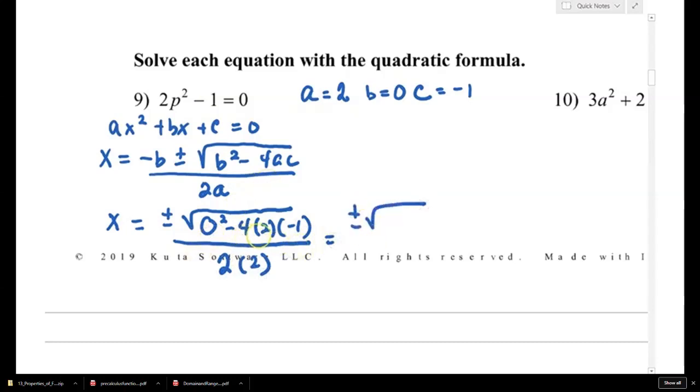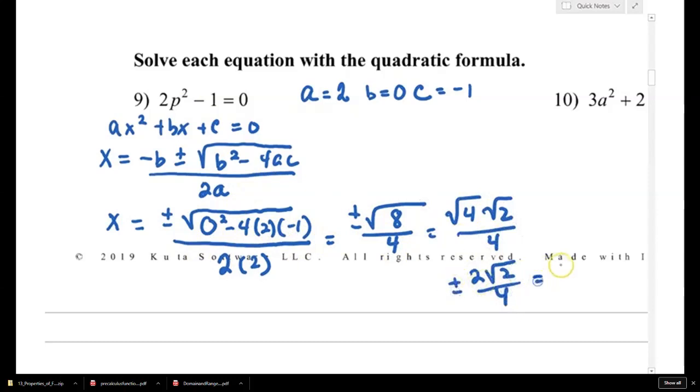Negative 4 times 2 is negative 8. Negative 8 times negative 1 is 8, over 4. We know that the square root of 8 is the same thing as the square root of 4 times the square root of 2, divided by 4. So you have 2 times the square root of 2 over 4. That's plus or minus, so that simplifies to plus or minus the square root of 2 over 2.